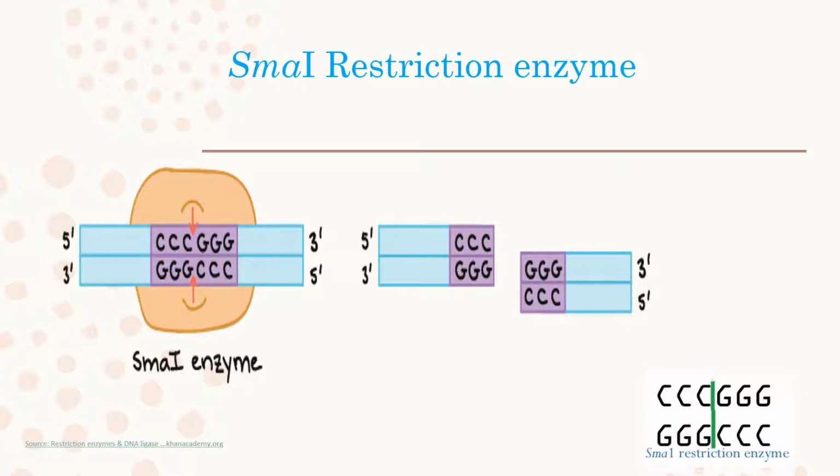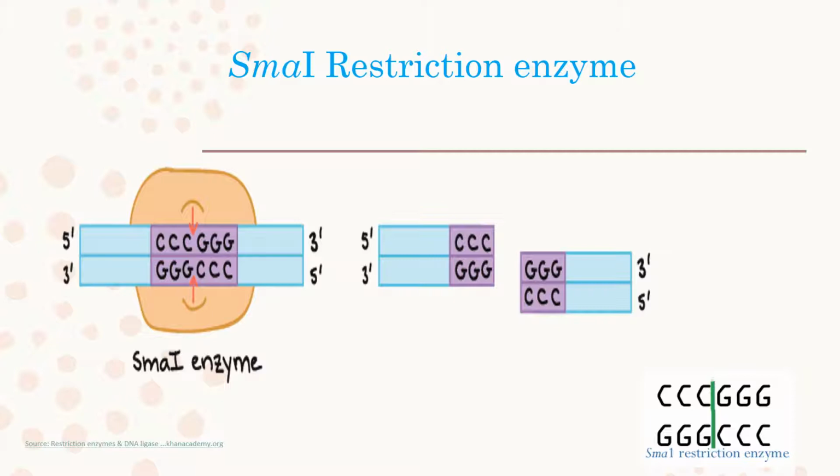The restriction enzyme SmaI, obtained from Serratia marcescens, is an example of a blunt cutter. The SmaI enzyme binds to the SmaI restriction site, which is 5' CCC GGG 3' and 3' GGG CCC 5'. This enzyme makes a cut in the middle of the sequence on both strands, producing a blunt end.